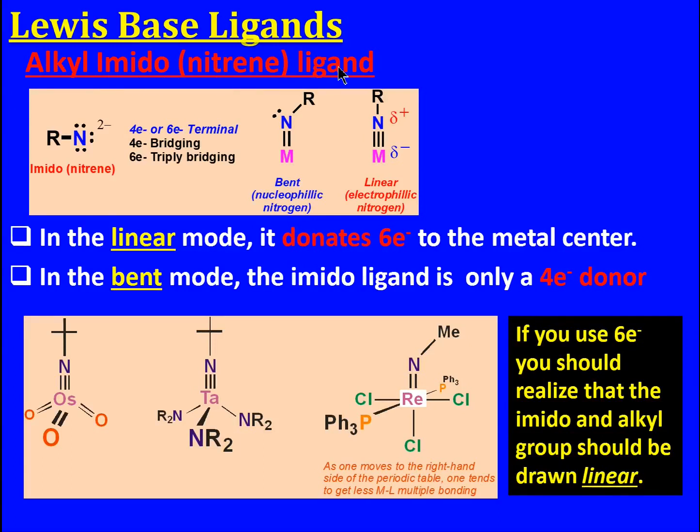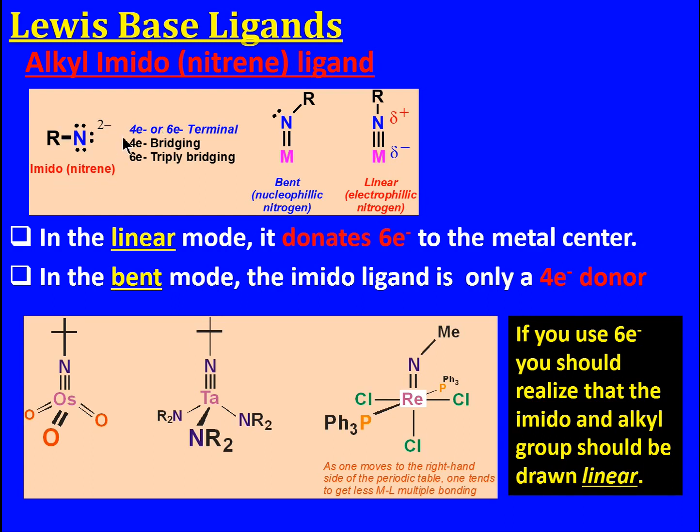Alkyl imido ligand or nitrene ligand, NR 2-, and according to its structure, it can be a 4-electron donor or 6-electron donor terminal, or a 4-electron mu2 bridging, so 2 electrons to each metal center, or a 6-electron mu3 bridging, 2 electrons to each metal center.